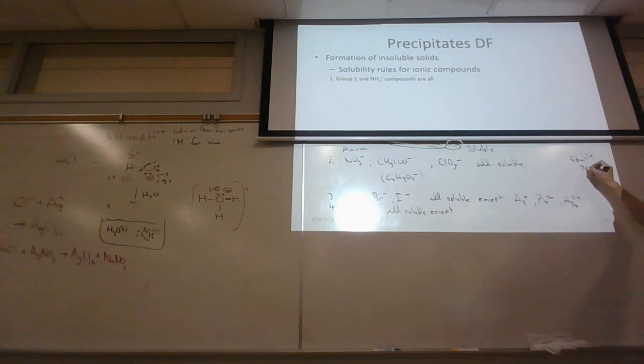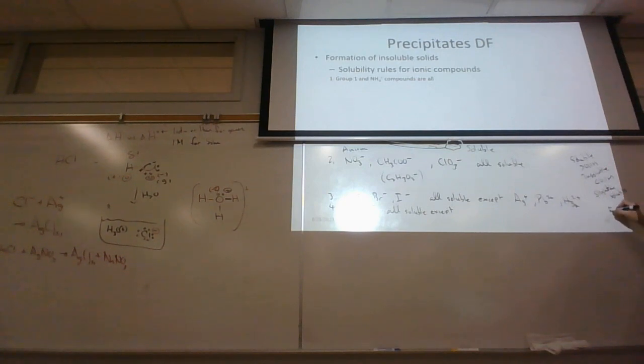What we consider soluble is greater than 0.1 molar. If the solubility is less than 0.1 molar, then we call it insoluble. This is a very gray cutoff. Insoluble means it's less than 0.1 molar. And slightly soluble, you know what slightly soluble means?